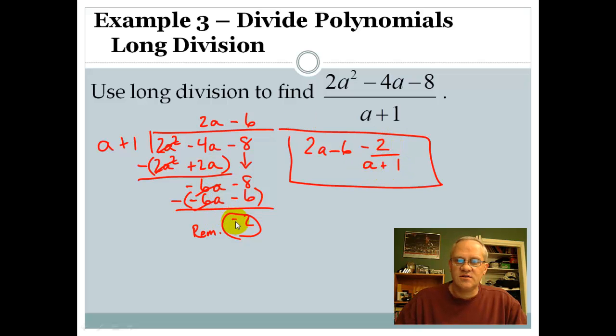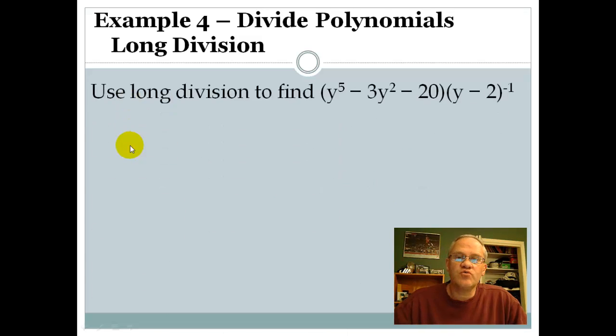Again, the minus 2 comes from here, and the a plus 1 comes from over there. Okay, a little trickier there. You can see what it looks like with a remainder. All right, I think we've got one more example here.